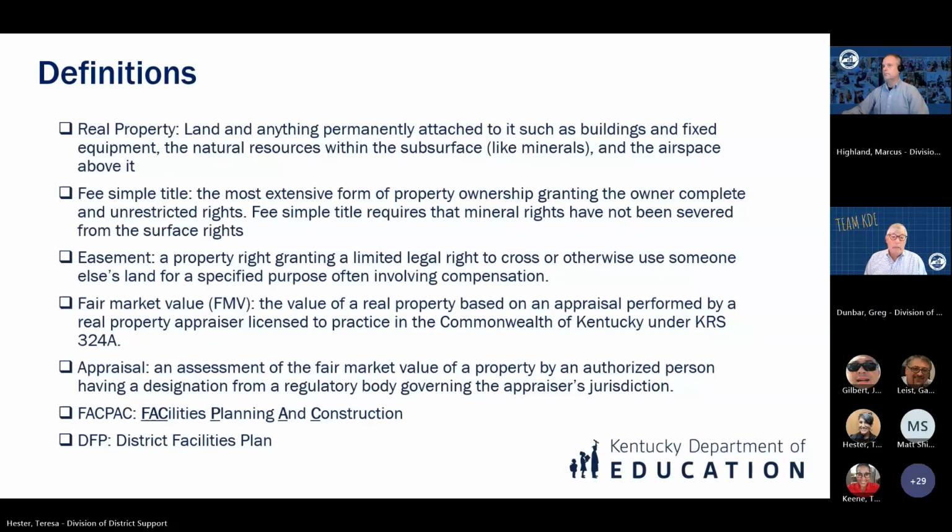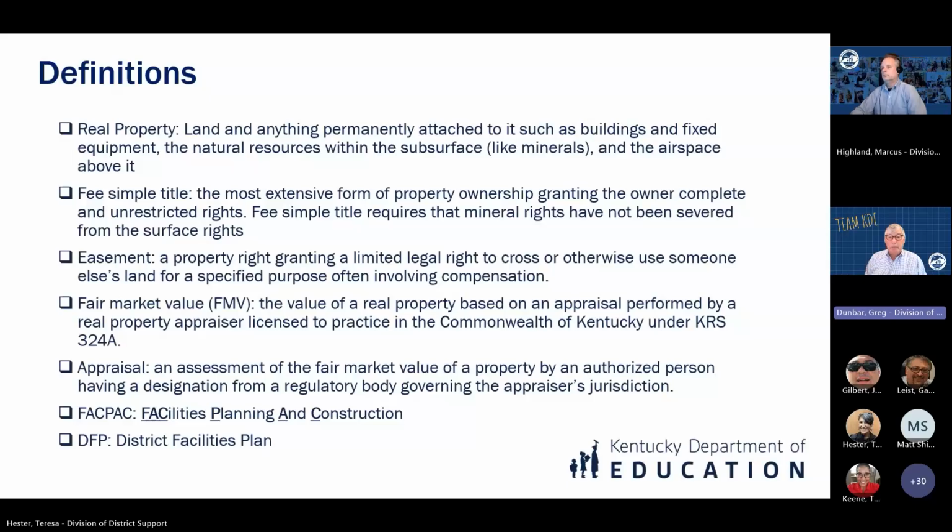Easement. An easement is a property right granting a legal right to cross or otherwise use someone else's land for a specified purpose, often involving compensation. In terms of school districts, the circumstances involved will depend on whether compensation is needed or not. Fair market value, FMV.